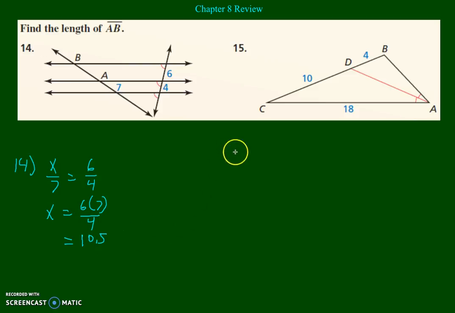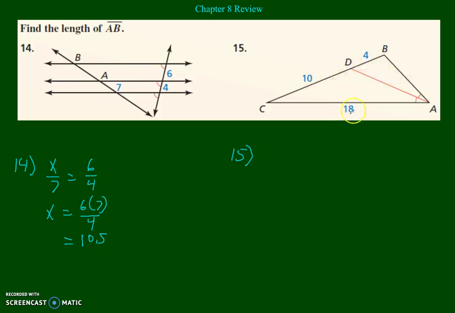Now for problem 15, we have to do something a little different. This is the triangle bisector theorem. You can see that DA is the bisector of angle A, and therefore that angle bisector divides this proportionately, where this is to this as this is to this.